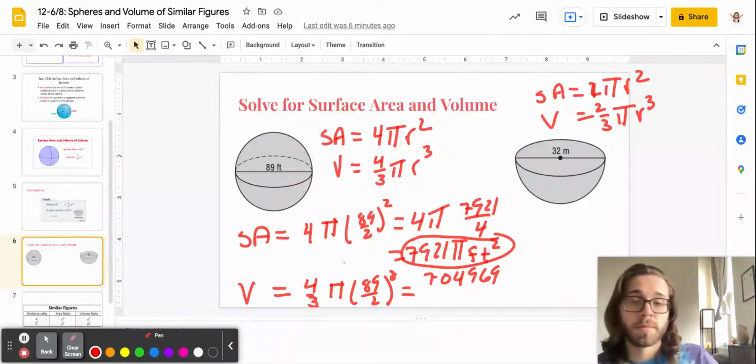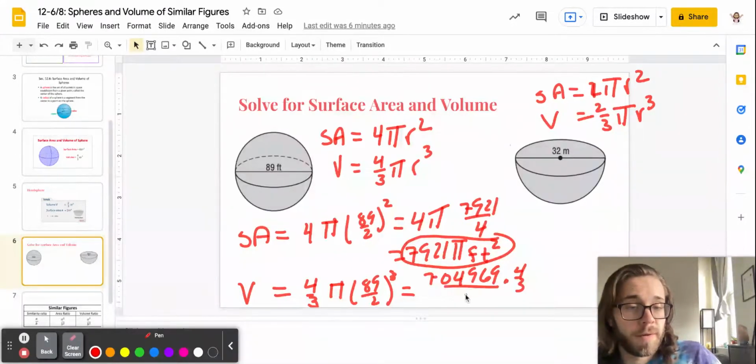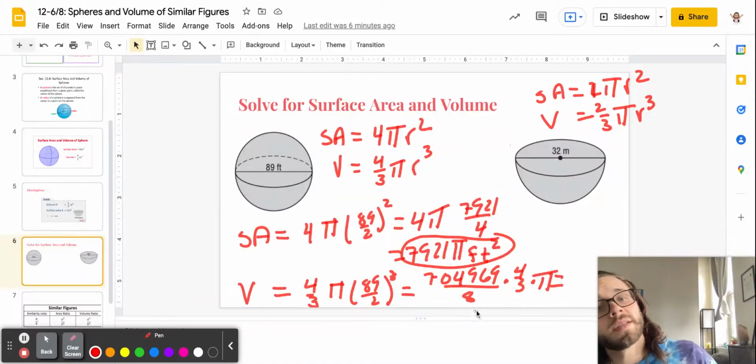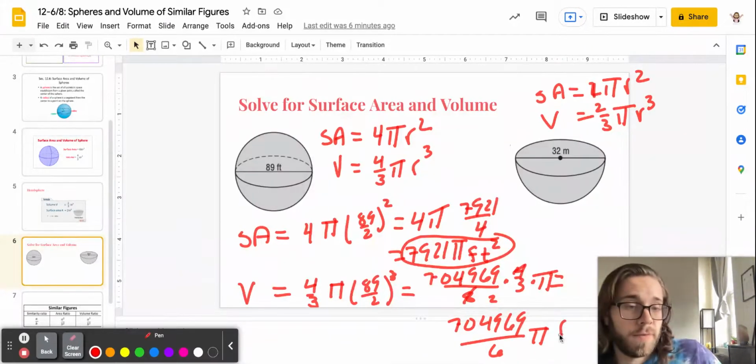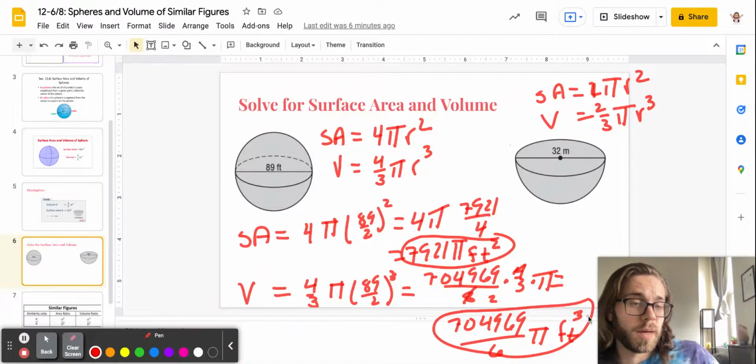Okay, never mind. Times 4/3 over 2 to the third, which is 8, times pi. So we simplify that. That actually doesn't really cancel much. Well, that will, so that's a 2. So 704,969 over 6 pi feet cubed. Unfortunately these do get to be big numbers, but that's okay.